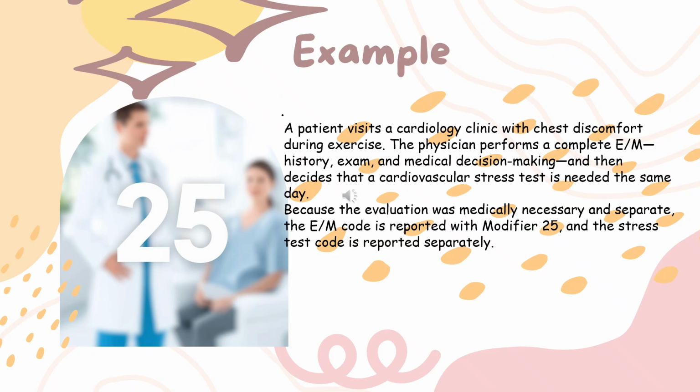Since the E&M visit included a full evaluation that went beyond the usual work for the stress test, we report the E&M code with modifier 25 to show it was separate, and then report the stress test on its own. So whenever you see a situation like this, ask yourself, was there any extra evaluation beyond the procedure? If yes, modifier 25 may apply.